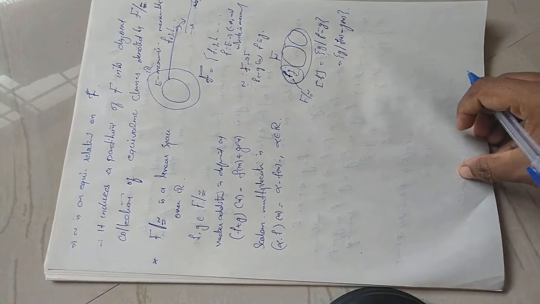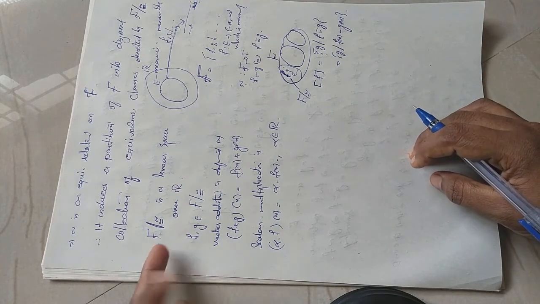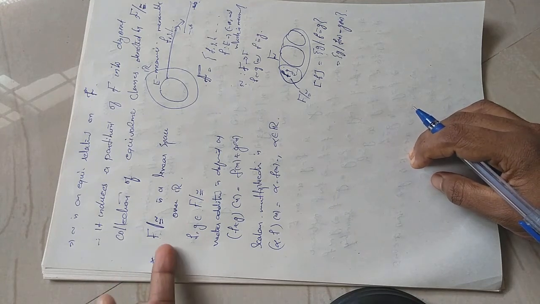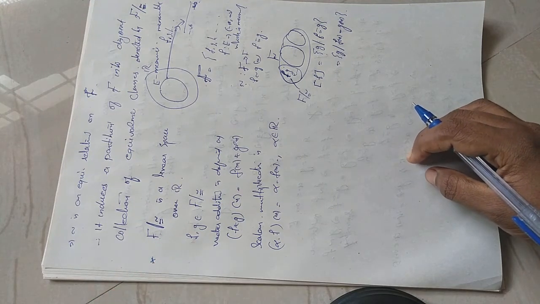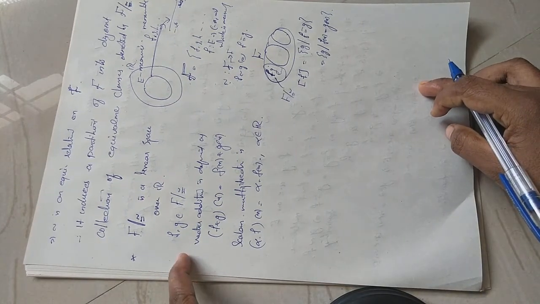Okay, so under this vector addition and scalar multiplication, you can verify all the axioms of a vector space. Therefore, it is a linear space over R.